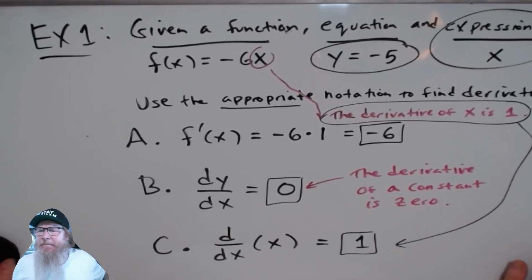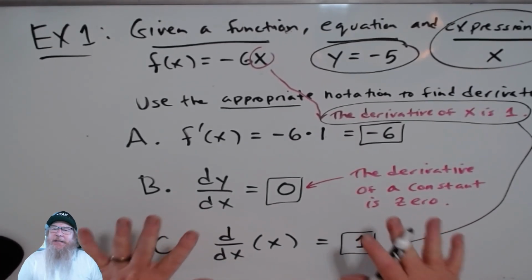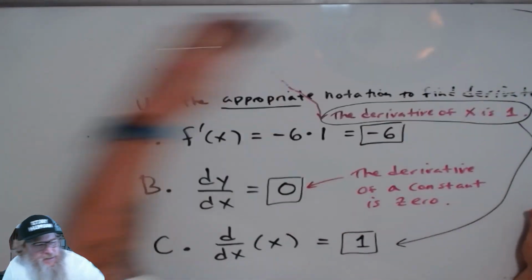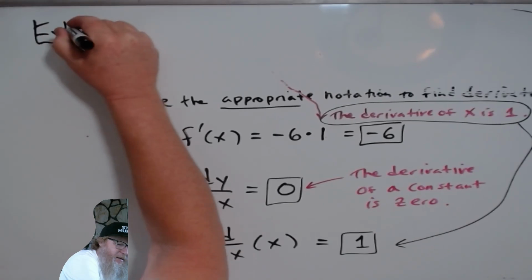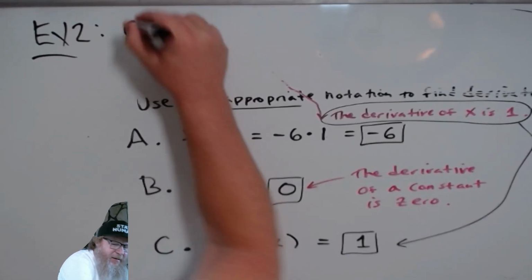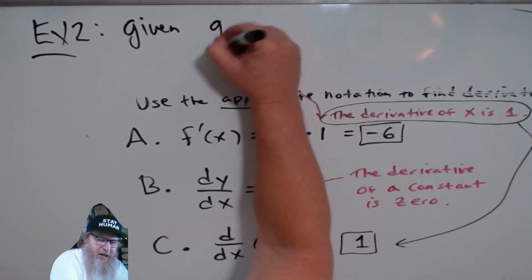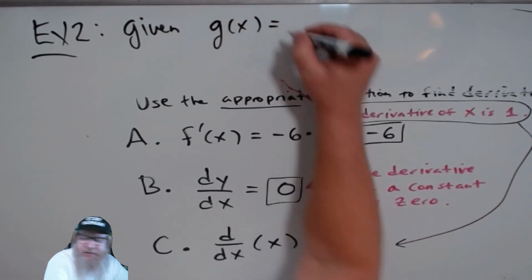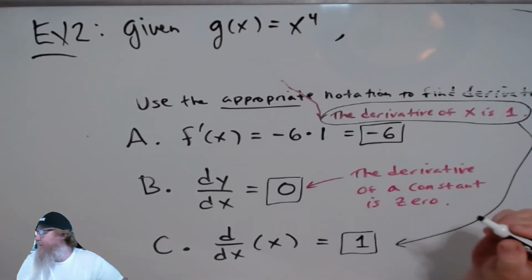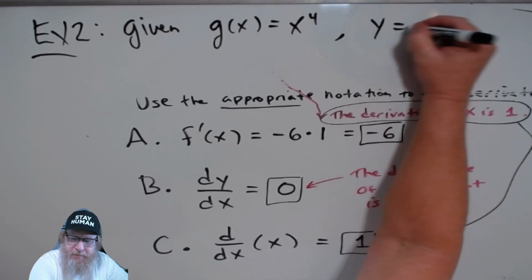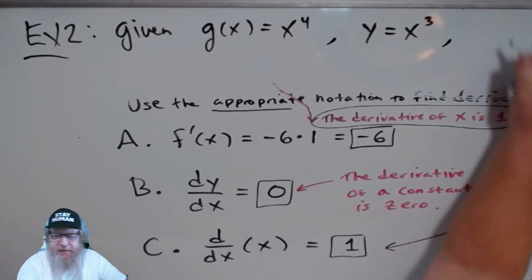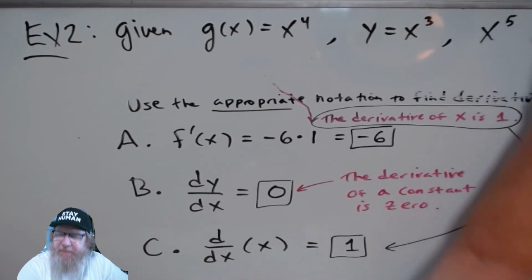Not too shabby, huh? I put a lot of time into that because now that we've got the ball rolling, we're going to keep using these different rules. Let's do another one of these to kind of get the notation right. So given, let's do g of x, let's do y equals x cubed. And let's do the expression x to the fifth.